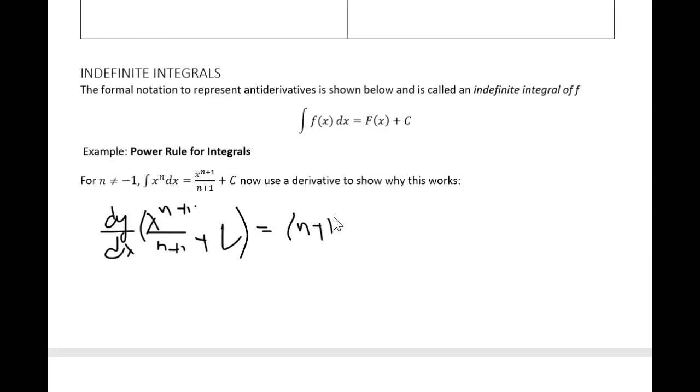So we have n plus 1 times x to the n plus 1 minus 1, over n plus 1. And then the derivative of C is 0, so there's no extra term here. The n plus 1s will cancel, and in our numerator, we have n plus 1 minus 1, which is x to the n. So this is how we show that the antiderivative rule for x to the n is x to the n plus 1 over n plus 1, plus C.